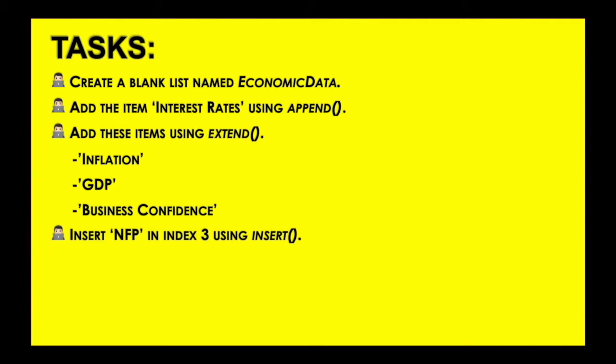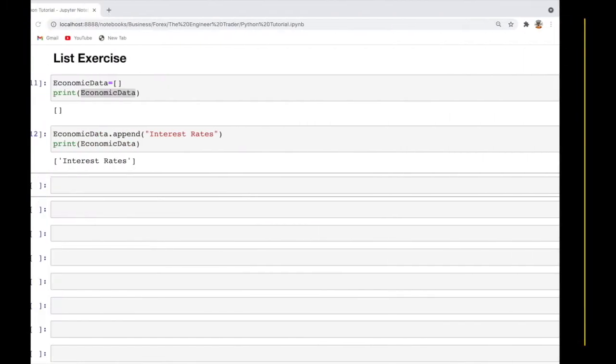Just a short recap: using append, we can only add a single item inside our list, but if we use the extend method of Python, we can actually add two or more items inside our list. That's why on our third task, it says that we should use extend rather than the append function. Let's go to our Jupyter notebook.